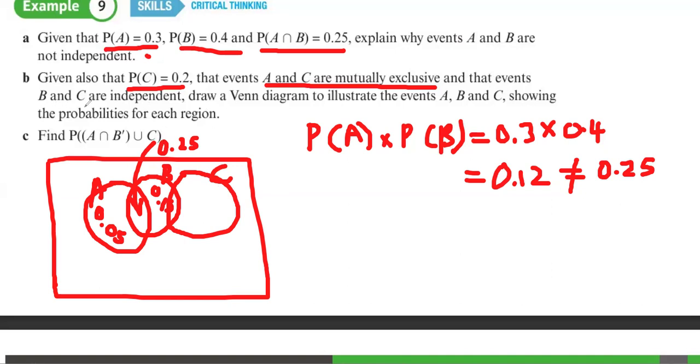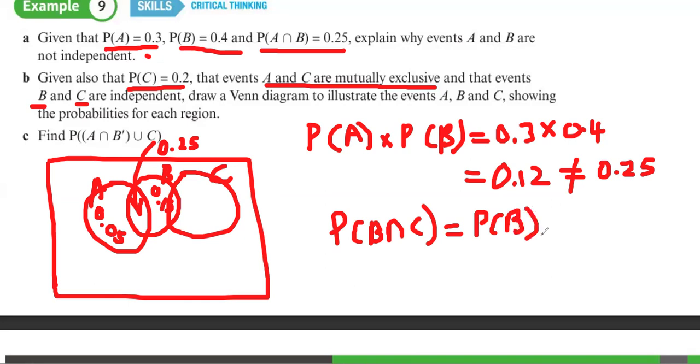Also, B and C are independent. B and C independent means they have some intersection also. For independent events, intersection equals P(B) times P(C).